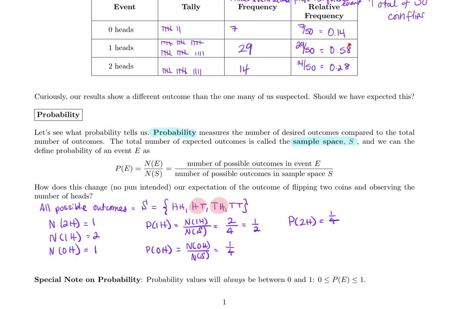We have something called the law of large numbers, which says that as we get a larger and larger sample size, so if we did 5,000 coin flips instead of 50, we should see these numbers get closer and closer to the numbers that our theory tells us they should be. So we were a little under on 0 heads. We were just about right for 2 heads and 1 head. But because these ones are a little bit higher than they should have been, this one was a little bit lower.